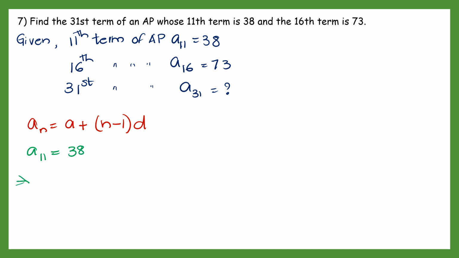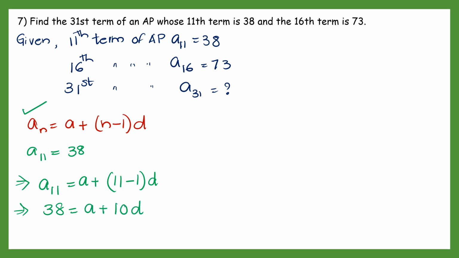So in this formula, if we take n is equal to 11, A11 is equal to A, the first term which we don't know, plus (11 minus 1) into D. We don't know the common difference also. A11 is 38. So 38 is equal to A plus 11 minus 1 is 10, 10D. We got the first equation.